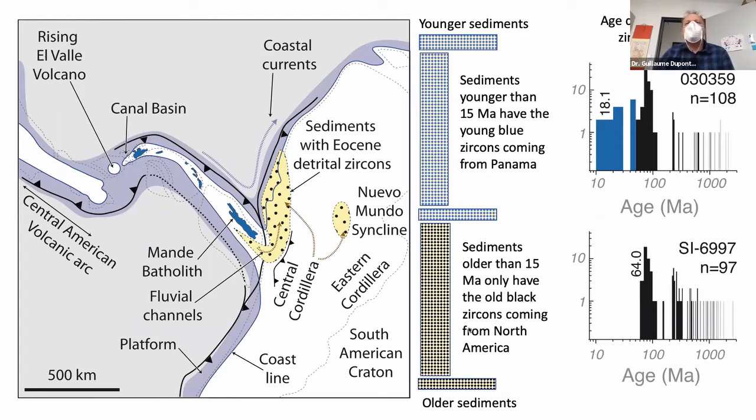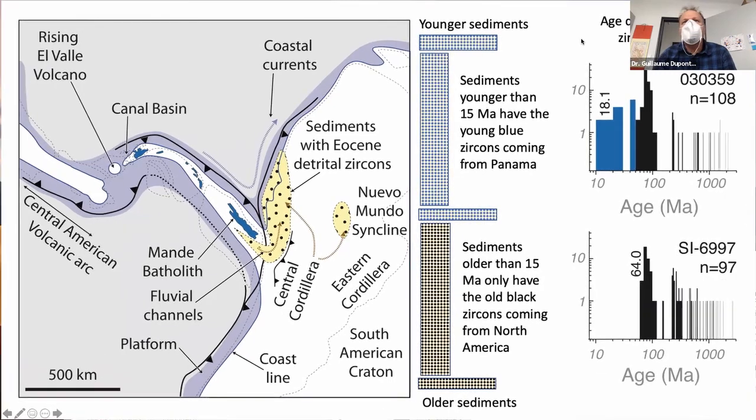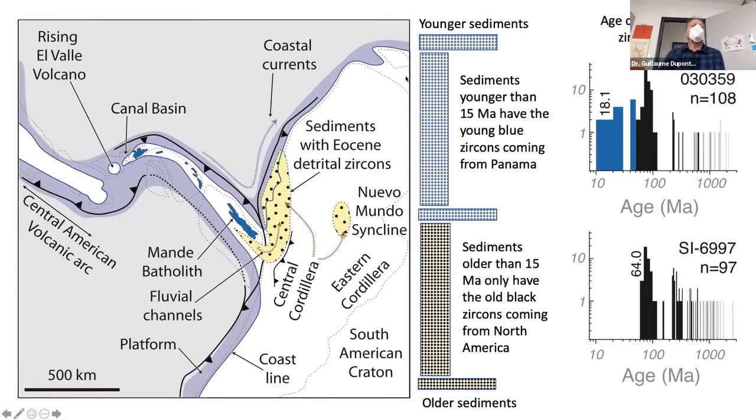I don't want to go too much over this paper because it will be presented next Monday, but this is exactly what's being done here. You're looking at basins in North America, okay, and looking at the composition of the grains. And you see here that there are some young blue arc rocks that are at some point being transported over.